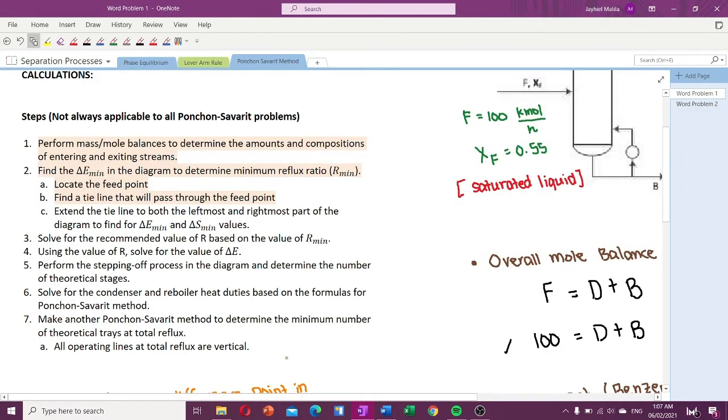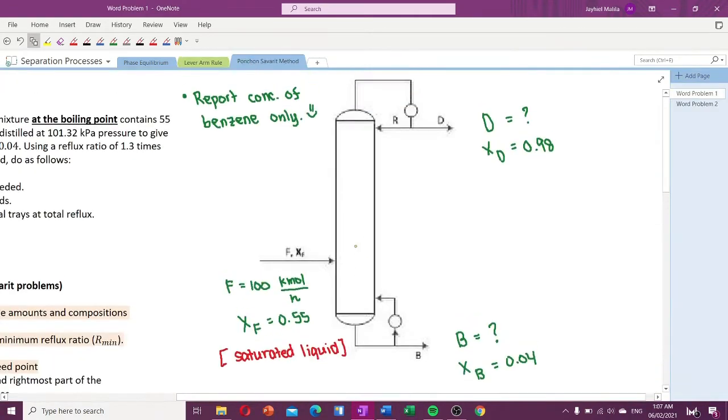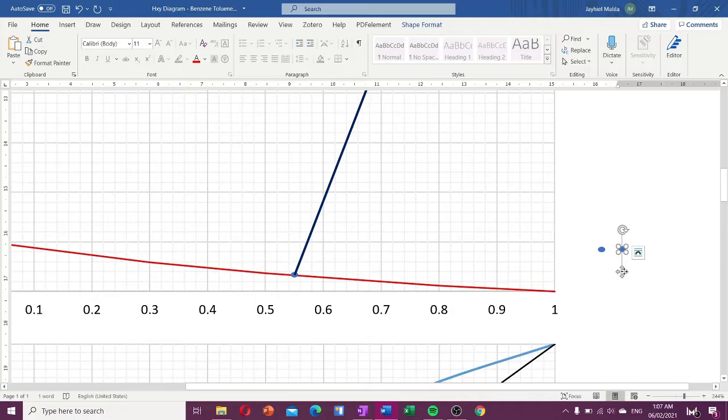So I think the distillate mole fraction is 0.98. So I should place my point right here. If you ask me, why should you place the distillate point in the saturated liquid?